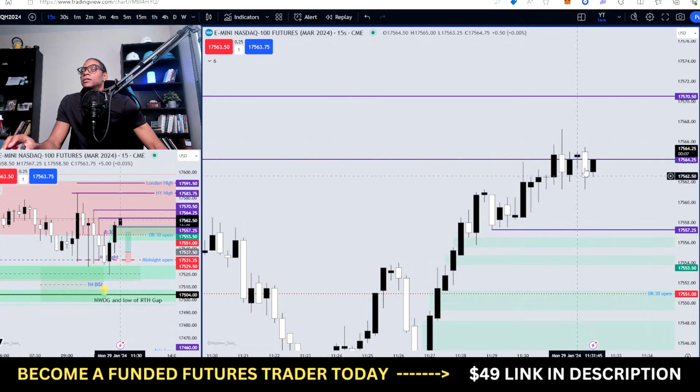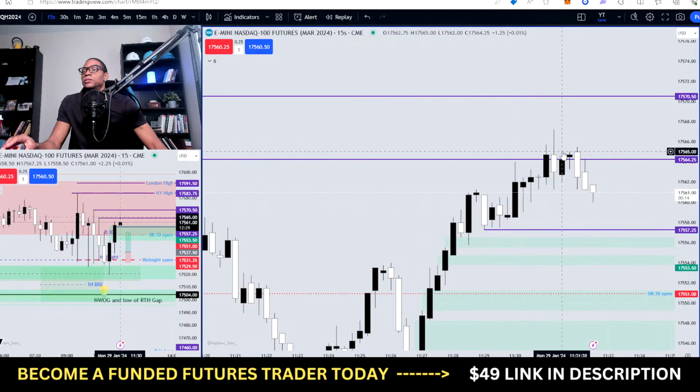So we did take out on the third candle. So we got a lower high and a lower high. That third candle here, we did eclipse that high. So I'm expecting higher prices. I see it's retracing now, but let's see if it can build back up and overtake those highs.